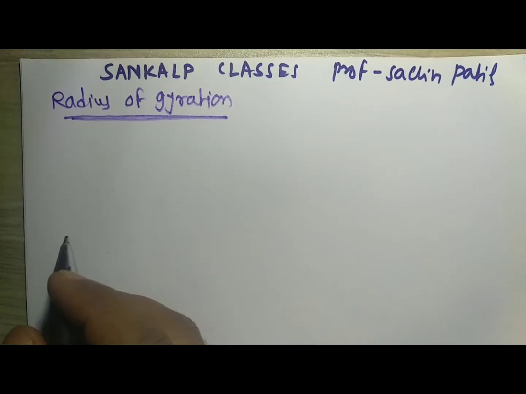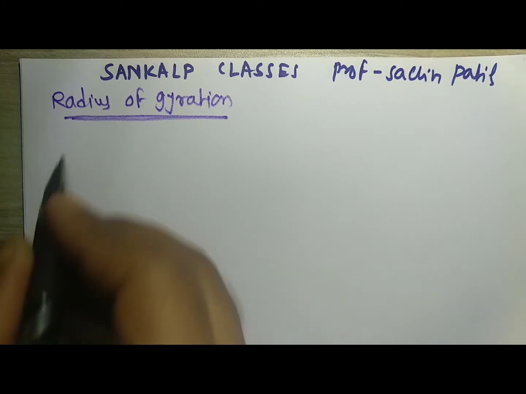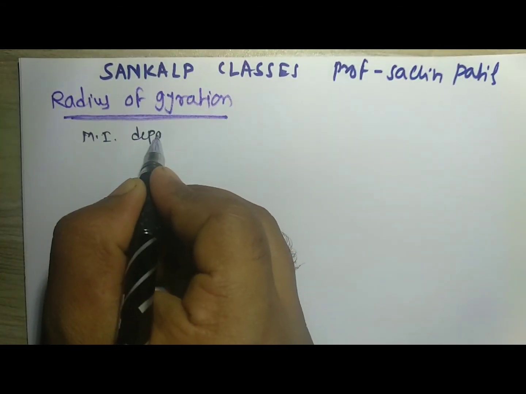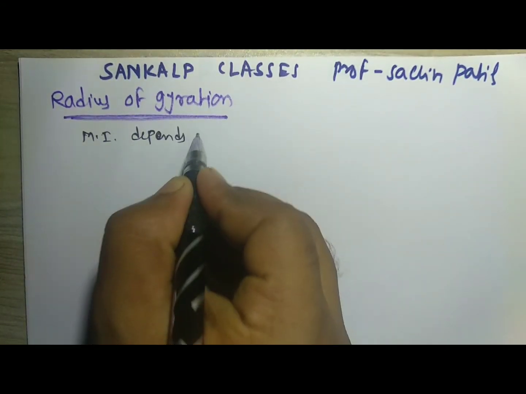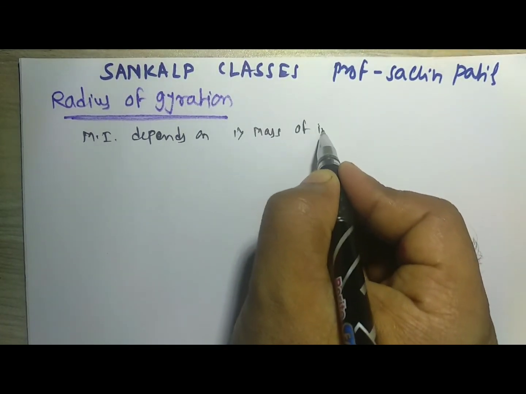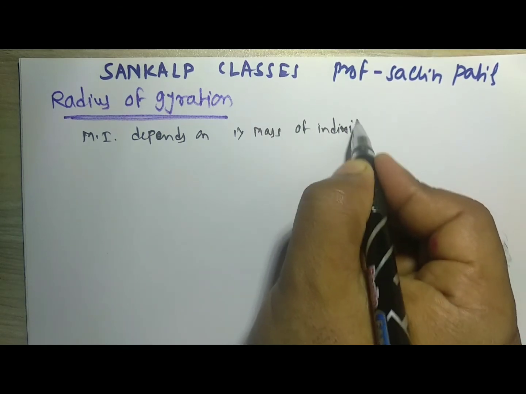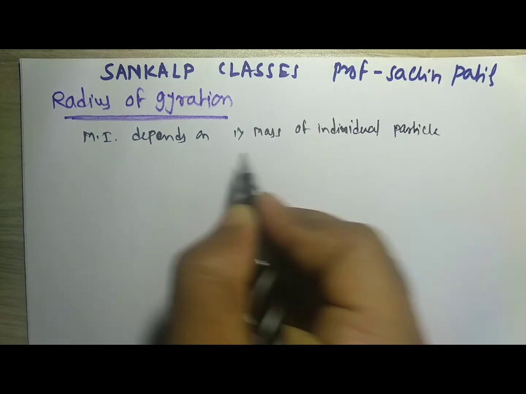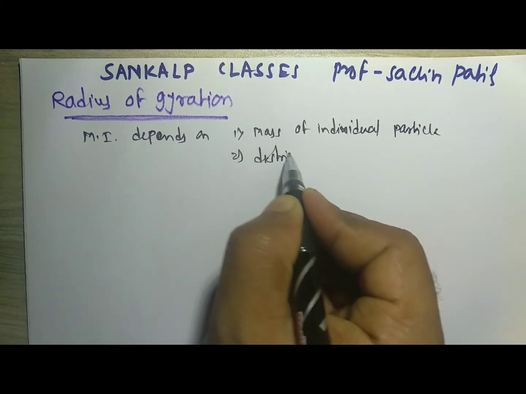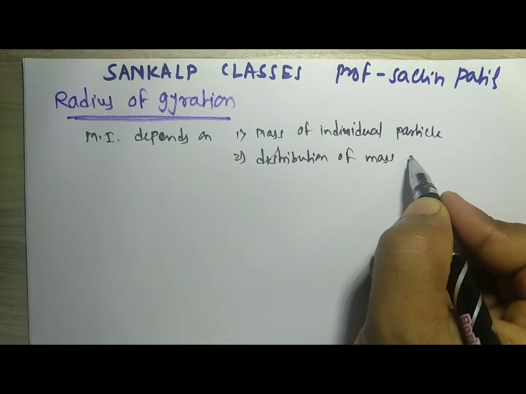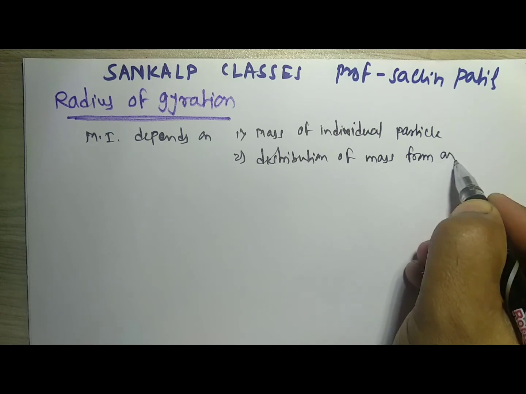Now we are moving to the next consideration, the radius of gyration. We know that the moment of inertia depends first on the mass of individual particles, and second on the distribution of mass from the axis of rotation.